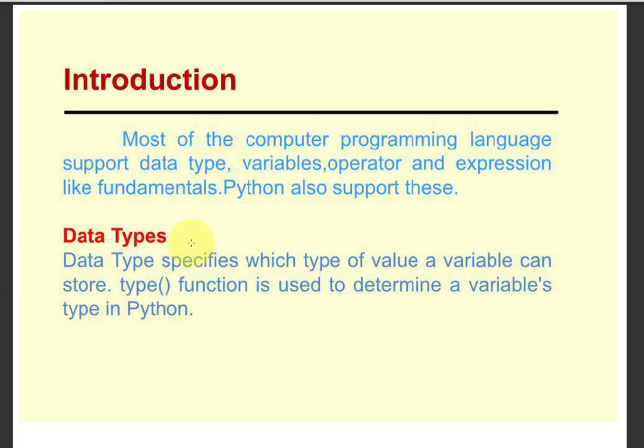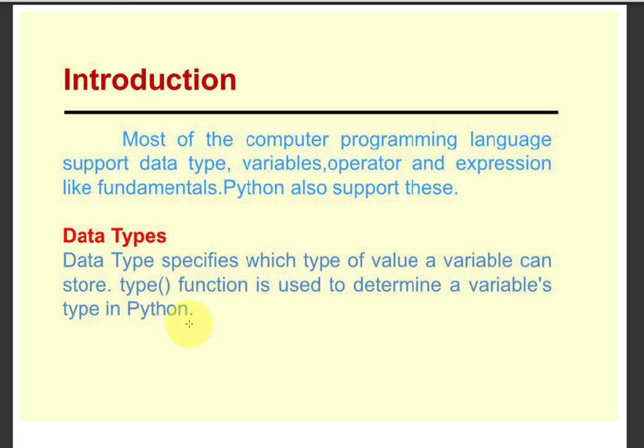So what is the definition of data type? Data type specifies which type of value a variable can store. With this meaning, I think you all understood that. With a variable, we can easily understand which type of value it will store. And the type function or method is used to determine a variable's type in Python.